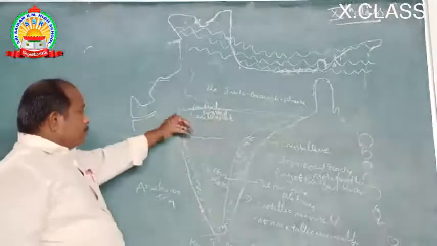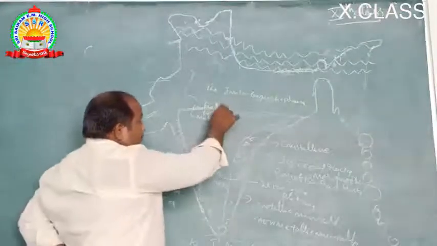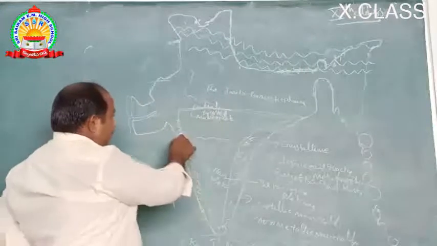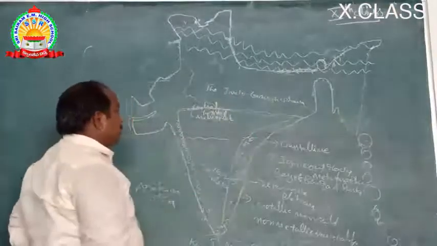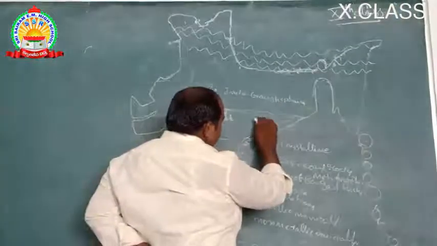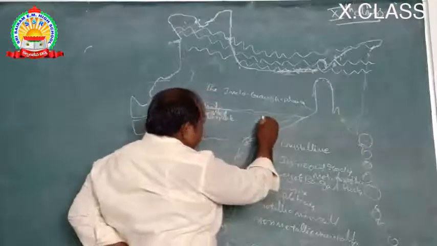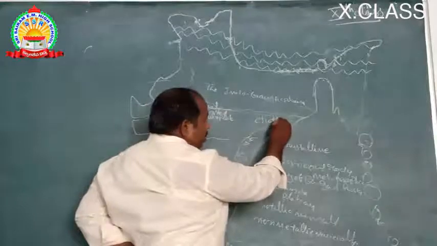Malwa Plateau boundaries: north is the Indo-Gangetic Plain, west is the Western Ghats, east is the Eastern Ghats, and to the east of the Malwa Plateau there is the Chota Nagpur Plateau.